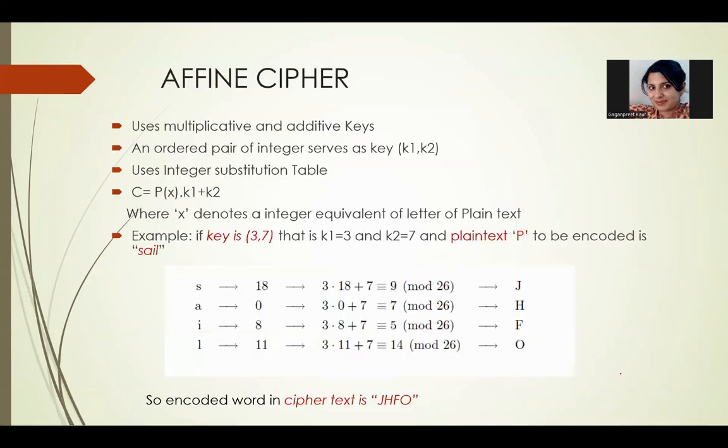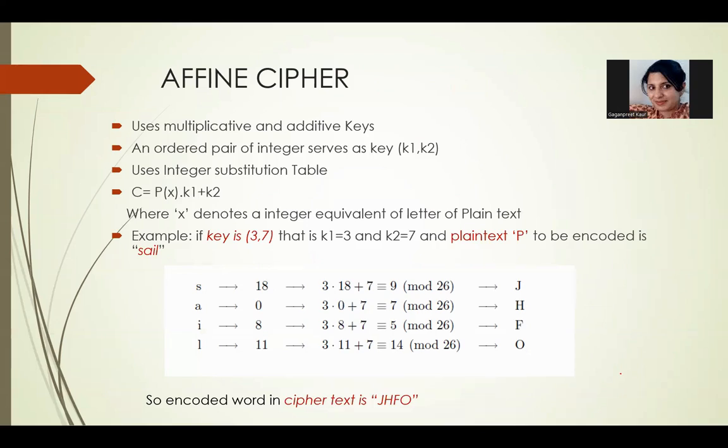The affine cipher is, I would say, a simple cipher only, but it is a combination of both multiplicative and additive keys. So in this case, two keys are used, that is K1 and K2. Again, we have to make use of the integer substitution table.